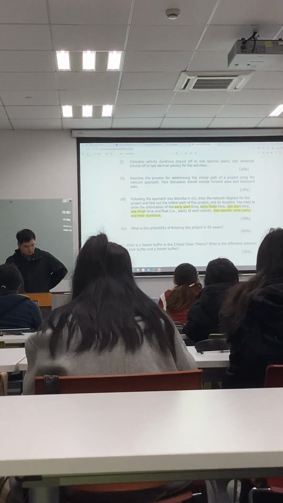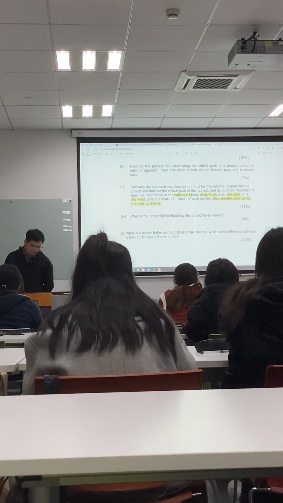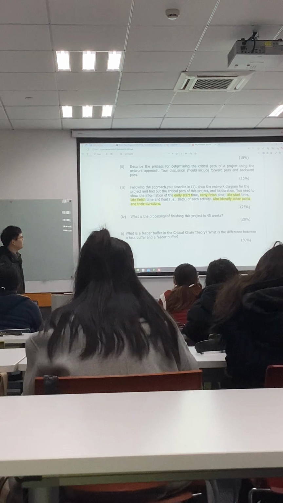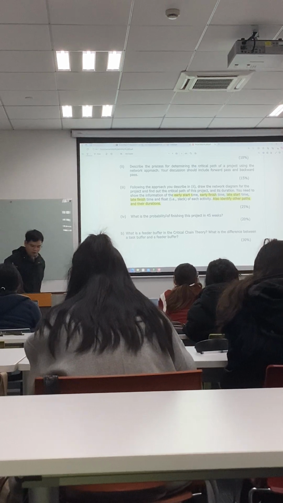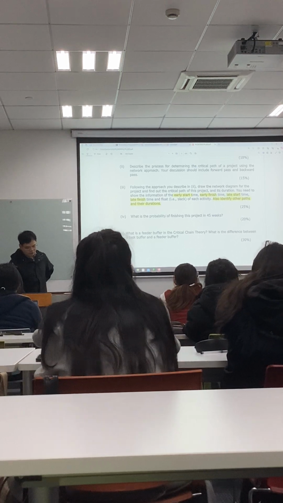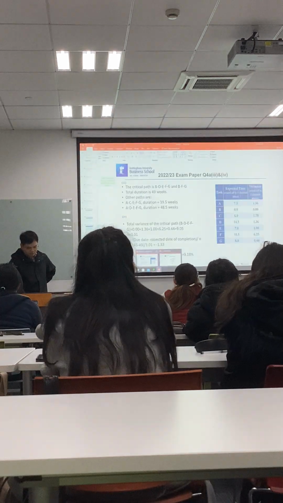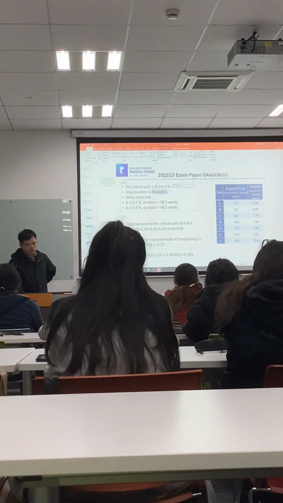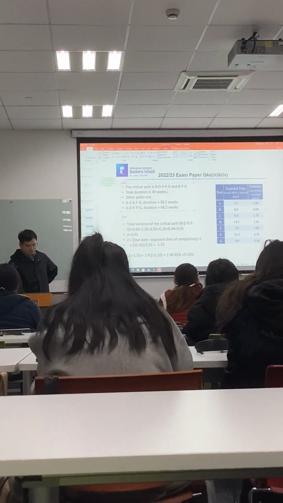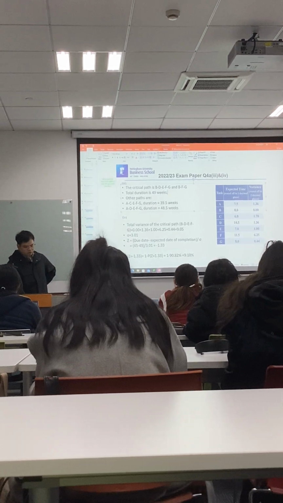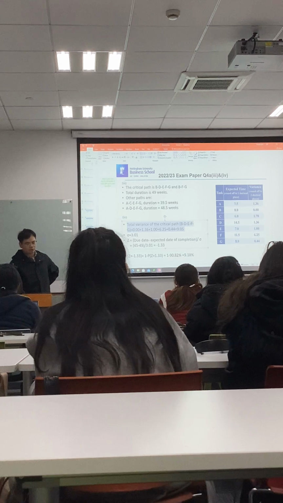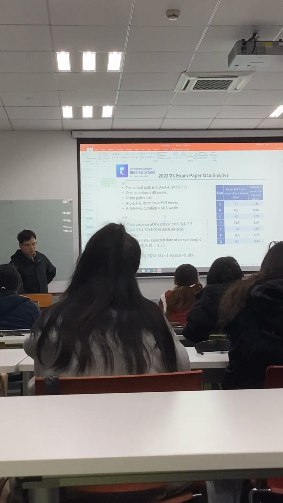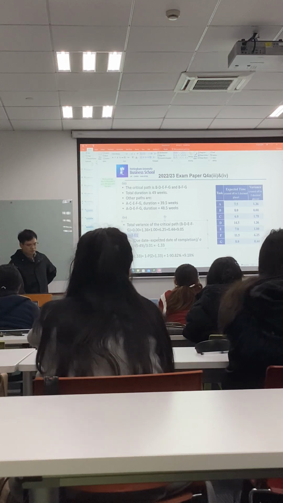And the next question is, what is the probability of finishing the project in 45 weeks? The expected duration is 49 weeks, and now the target is 45. So the first step, of course, is to calculate the variance of the critical path, and then derive the standard deviation.